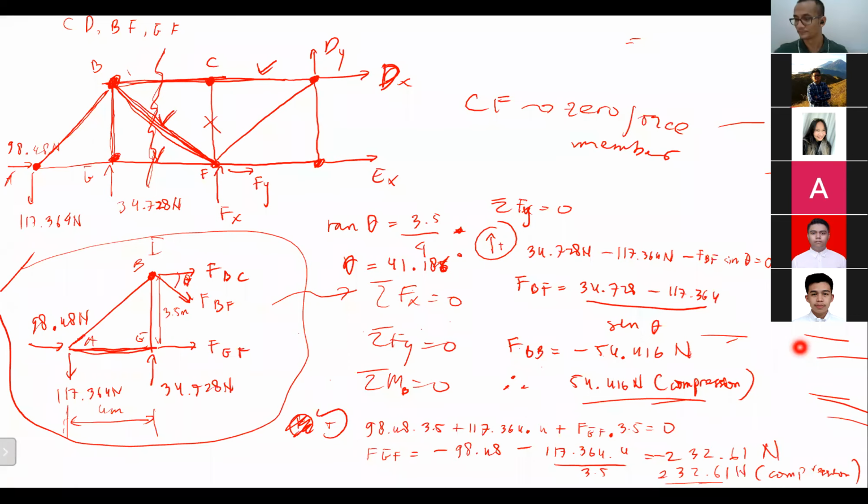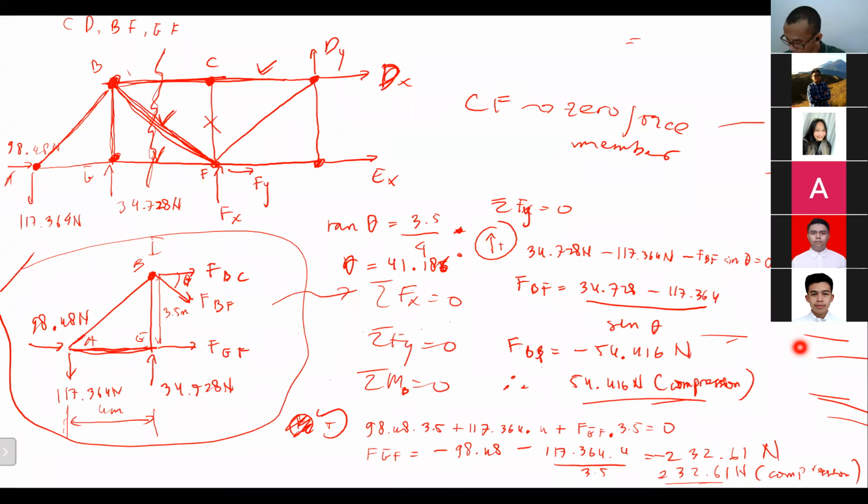You get it, Hasan? Yes, sir. Because by doing so, we can get FGF directly. Then we can calculate FBF and FBC.